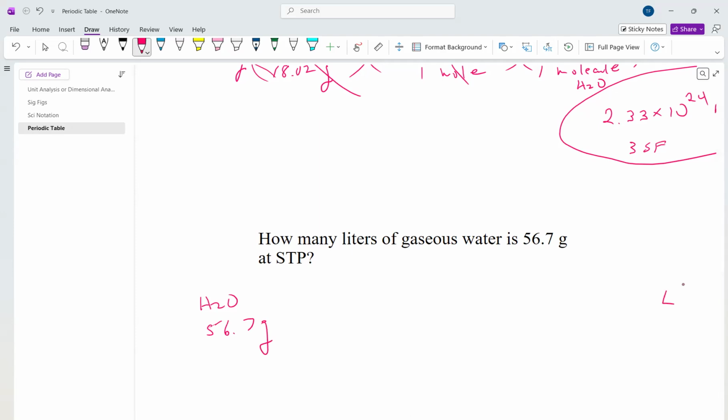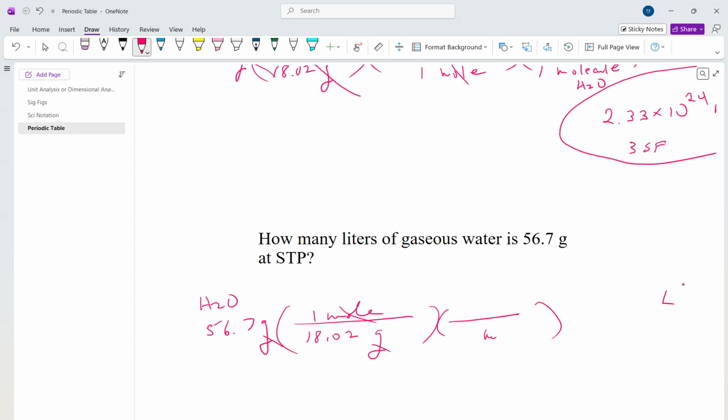Now, when we get into solutions, we're going to have liters as well. There are gaseous liters and solution liters, not the same at all. The only thing common between those two is they're both measured in liters. Okay, so if in doubt, convert to moles. Now we need to go from moles to liters.